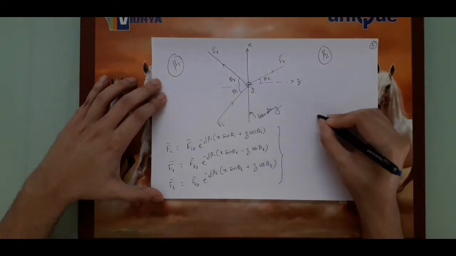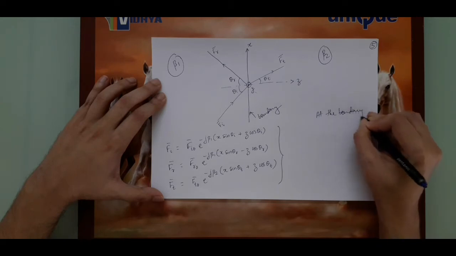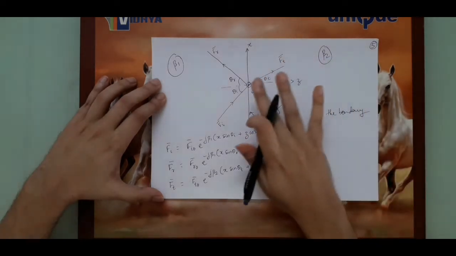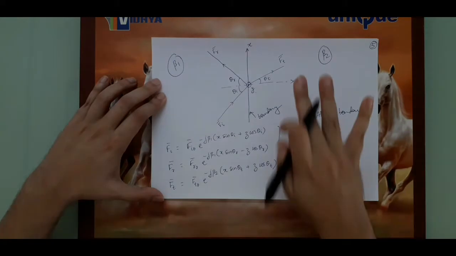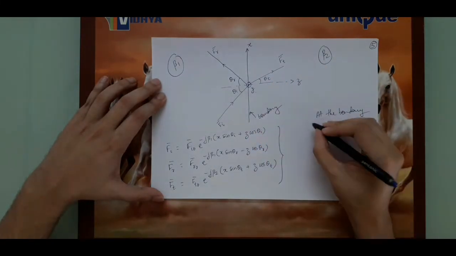Now, at the boundary, x need not be 0, but y and z will both be 0.